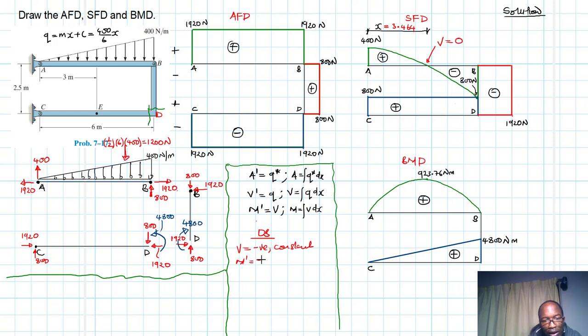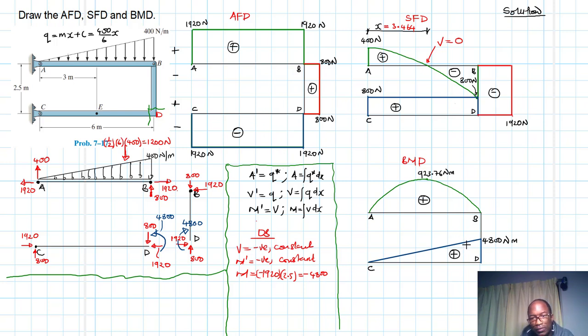Therefore, our M prime will be negative and constant, and then M itself, the moment, is just the area under the shear diagram, which is going to be equal to minus 1920 times the length, which is 2.5, and this gives us minus 4,800, right? By 2.5.